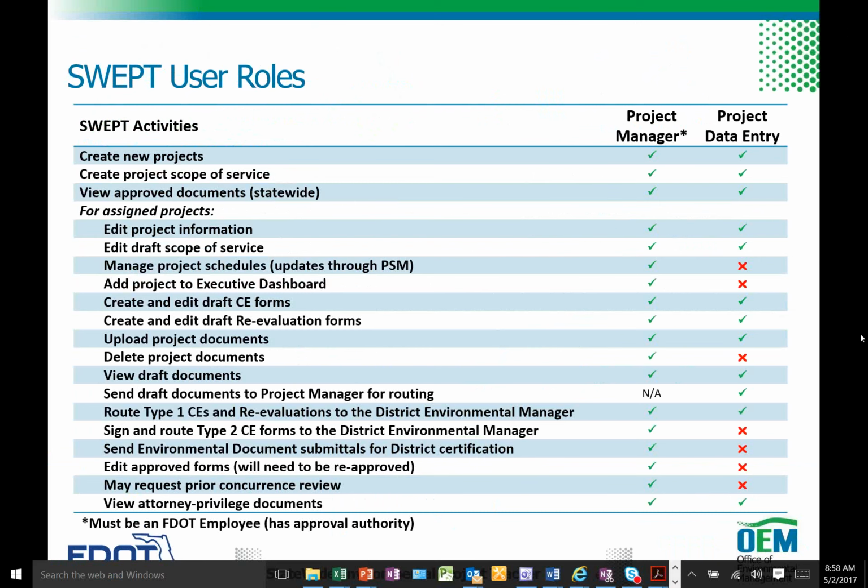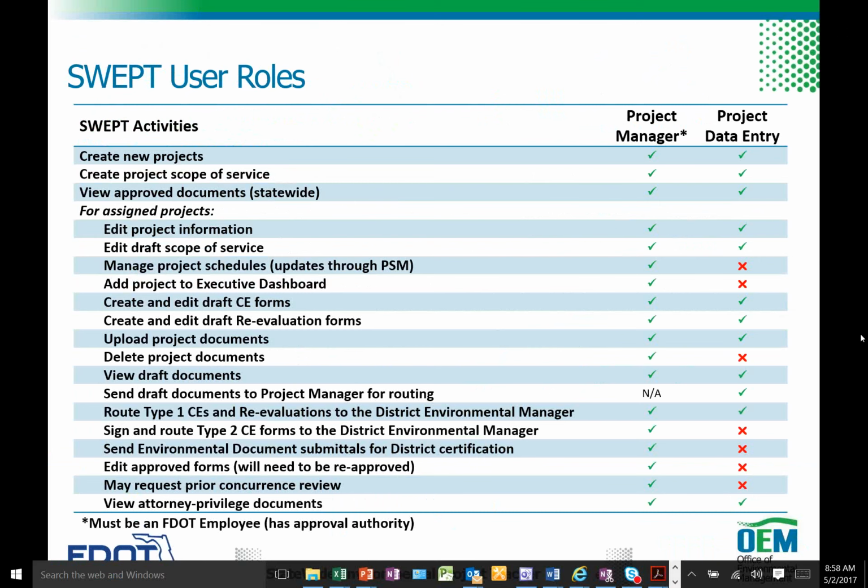And I say an indirect way because when documents and approvals occur within SWEPT, there is a connection, and as those approvals and documents are pushed into the environmental business area of the electronic document management system, those documents are organized, they're stored, they have the appropriate naming convention applied to them.